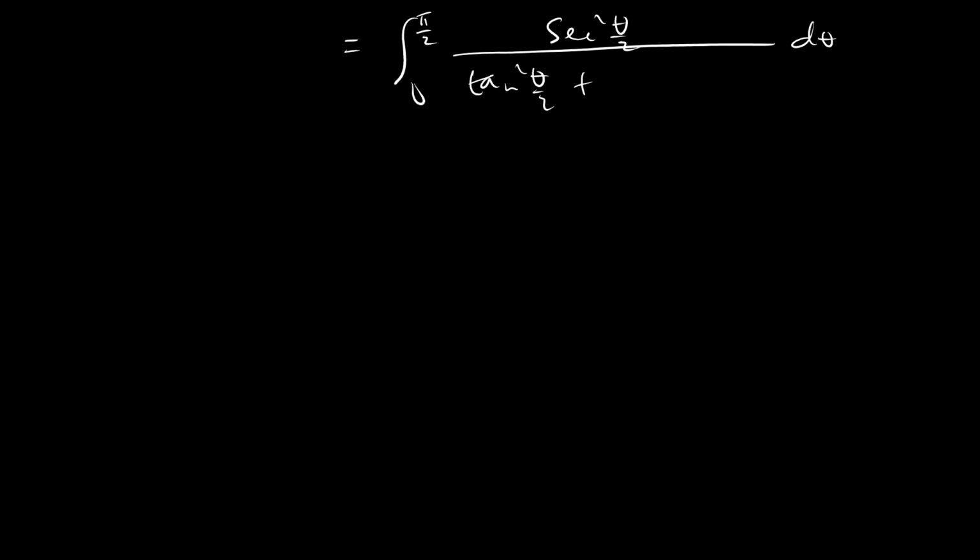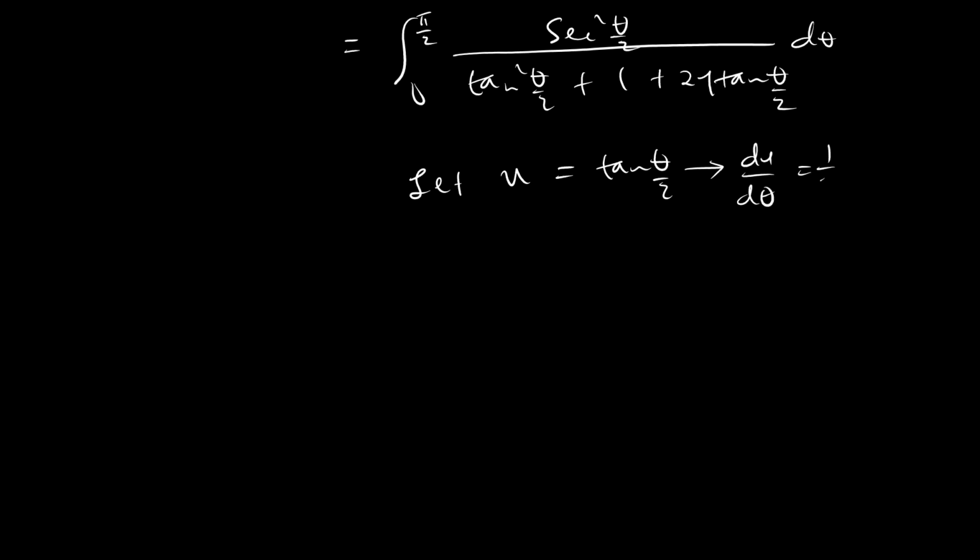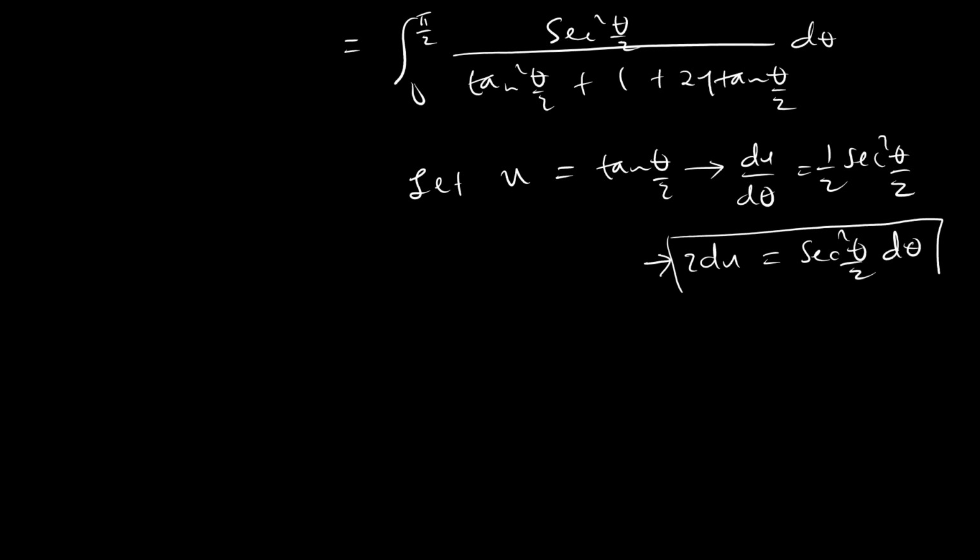So if we say let u be equal to tangent theta over 2, then that means that du d theta is equal to a half sec squared theta over 2, implying that 2 du is equal to sec squared theta over 2 d theta. So this is an important substitution.